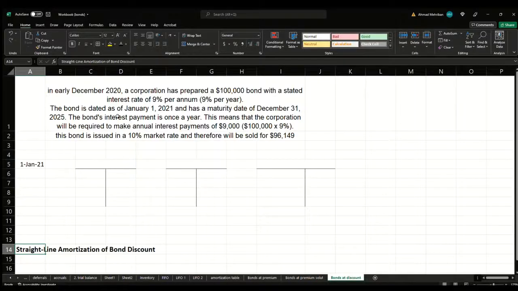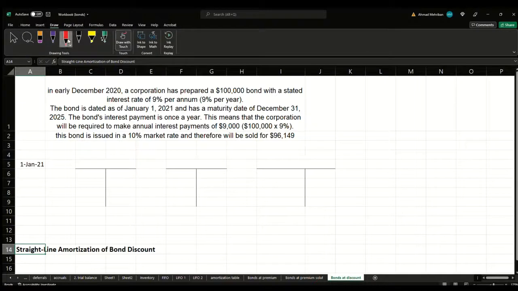Now let's take a look at what it's going to look like in case our bond has been issued not at a premium but at a discount. So we have a similar example where in early December 2020, a $100,000 bond with a stated interest rate of 9% per year has been prepared, but it has been issued in January 2021 with a maturity date of December 31, 2025.